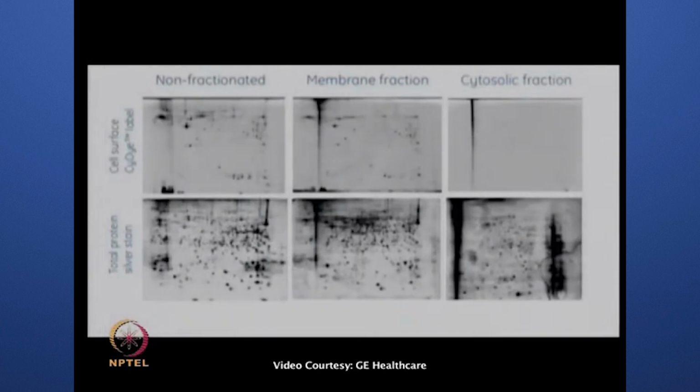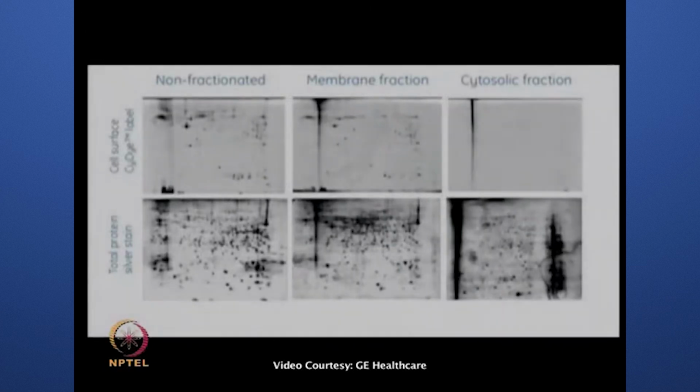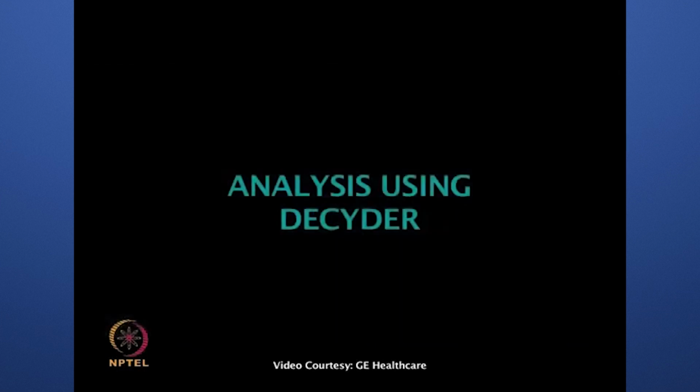The results also show similar spot map patterns from non-fractionated and membrane fractions, demonstrating that there is no need for fractionation prior to 2D electrophoresis, which makes this protocol both simple and convenient. Cy2, Cy3 and Cy5 show similar labeling patterns and are all compatible with the cell surface protocol.